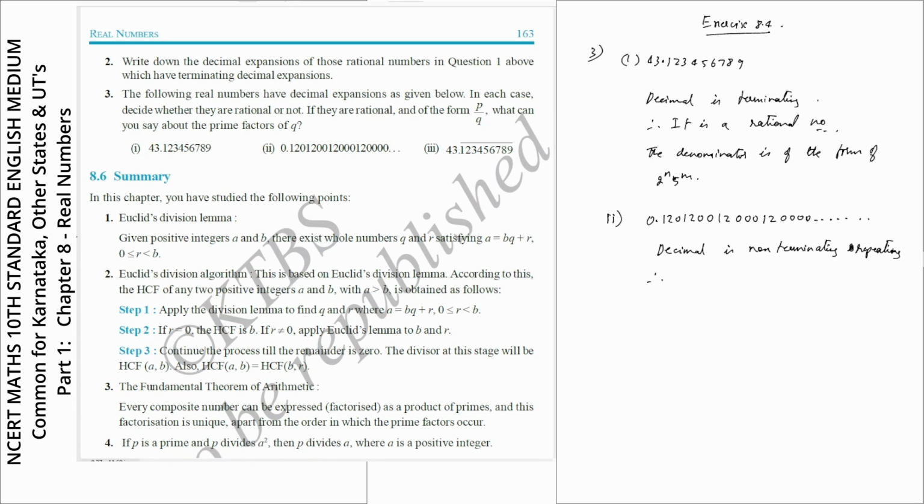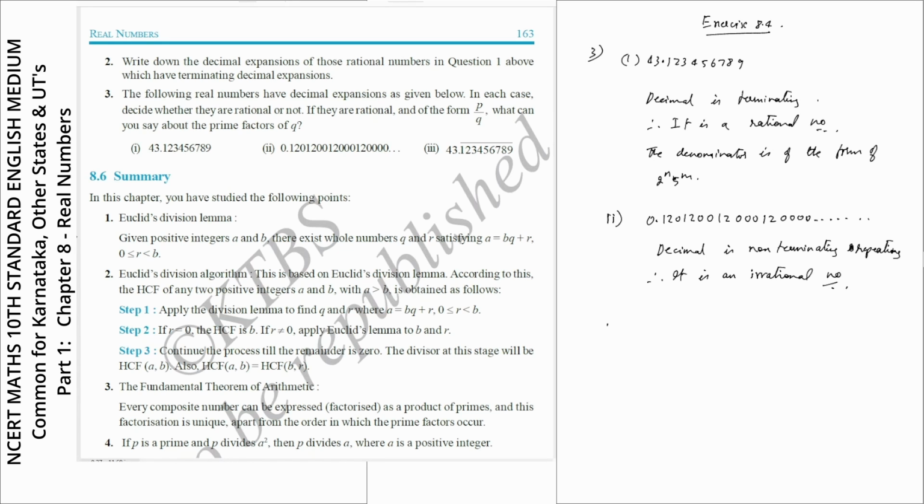Therefore it is an irrational number. So now what can I say about the denominator? Here we can't say anything about the denominator, because this is an irrational number, therefore it won't be in the form of P by Q.